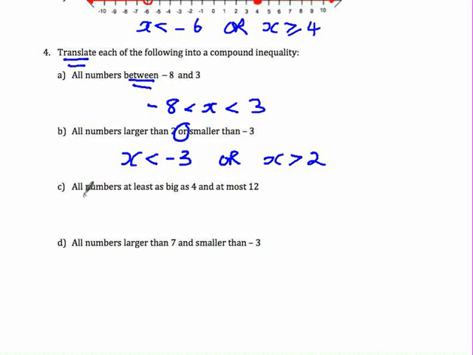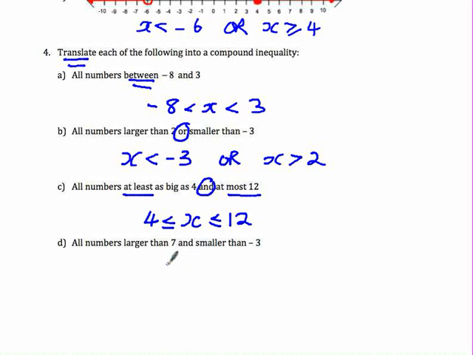Okay, in 4c, all numbers at least, this means greater than or equal to, at least as big as 4, and so once again we are interested in the overlap, at most 12. So once again it does include 12, and so at least as big as 4, which means 4 or more, but not continuing to numbers like 50, because it is at most, so less than or equal to 12.